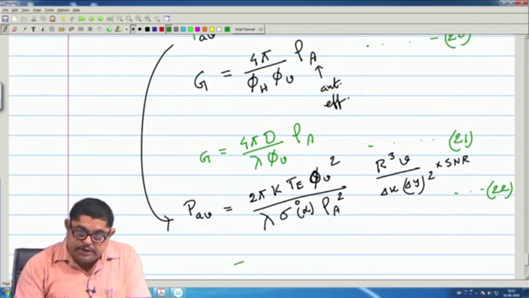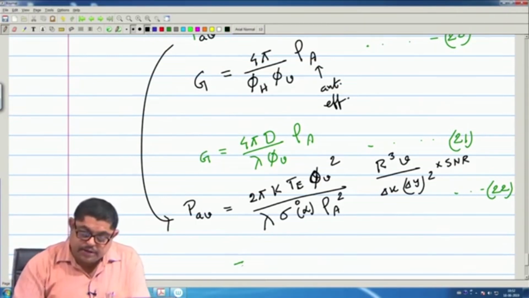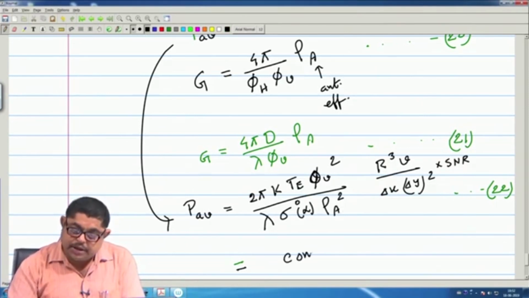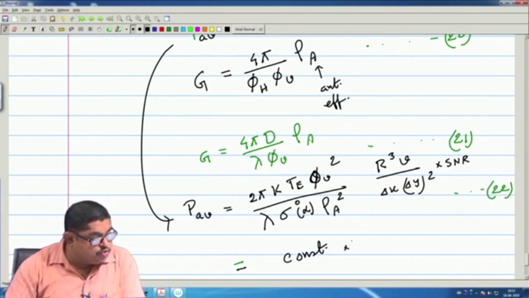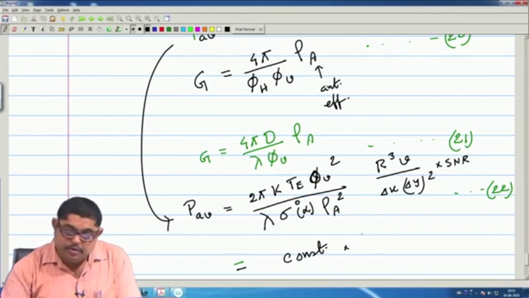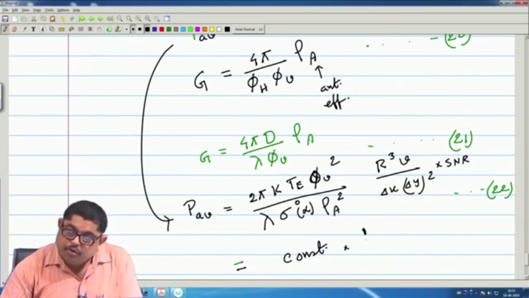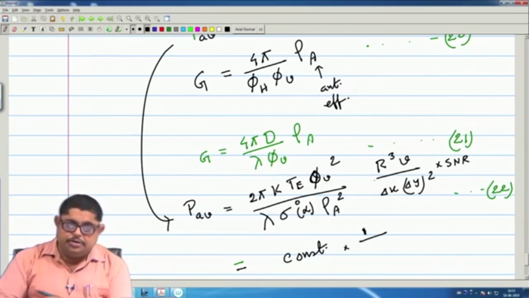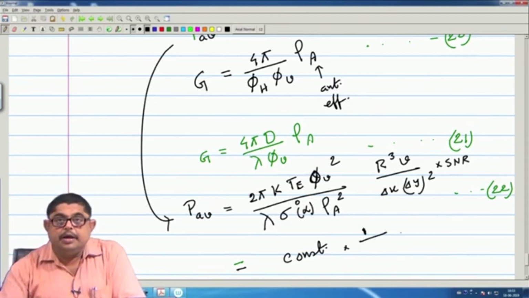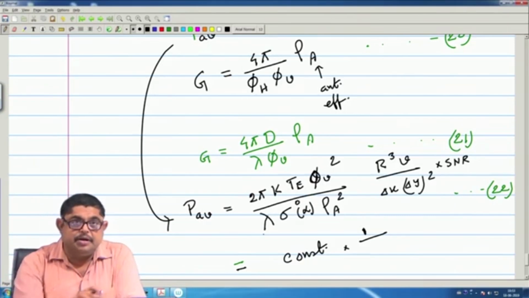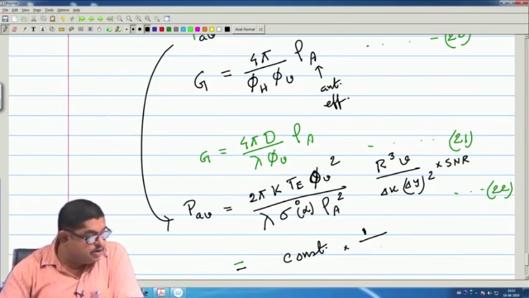So, we can say that these whole things are constant. You see, all these things are constants. R cubed is also something we can assume constant, because this is for a fixed range, as we are seeing power versus resolution.